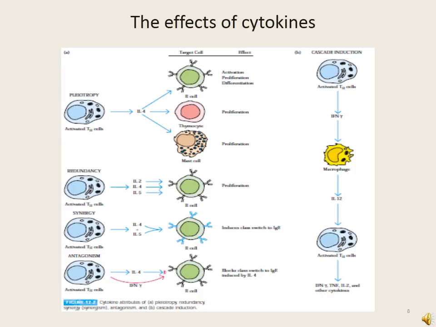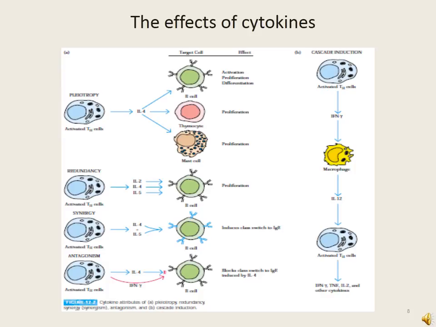This slide is a figure showing you the various effects of the cytokines. Look at the left hand side of the figure first. The first effect of cytokines is pleiotropy. It means that one cytokine has many effects on many target cells. In the figure you see that IL-4 has a pleiotropic effect.